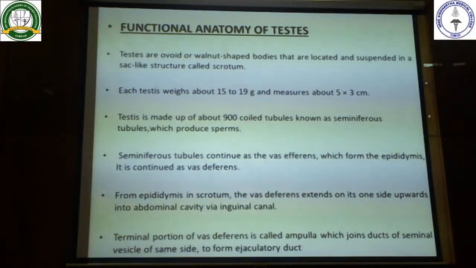This epididymis has a head, a body and a tail. So three portions are there in the epididymis: the head, body and the tail. The tail of the epididymis continues as the vas deferens.